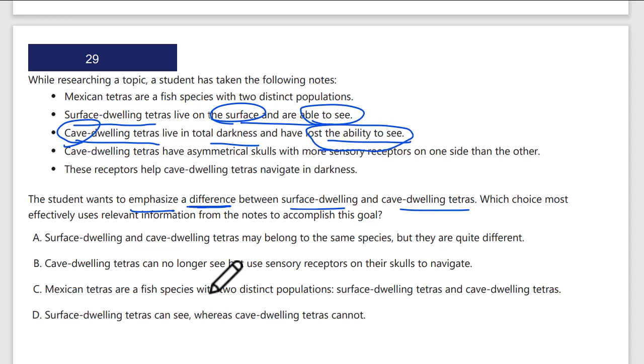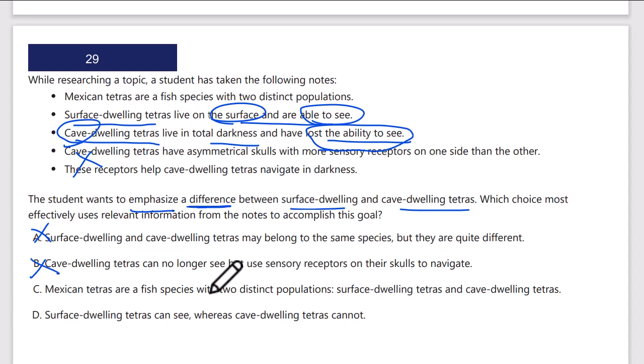Okay? Cave-dwelling tetras have asymmetrical skulls and more sensory receptors. These receptors help cave. That's just extra information about cave-dwelling. So surface-dwelling and cave-dwelling tetras may belong to the same species, but they're different. No, that's not it. That's not emphasizing the differences. Cave-dwelling tetras can no longer see, but use sensory receptors. That's just about one of them, not the differences.